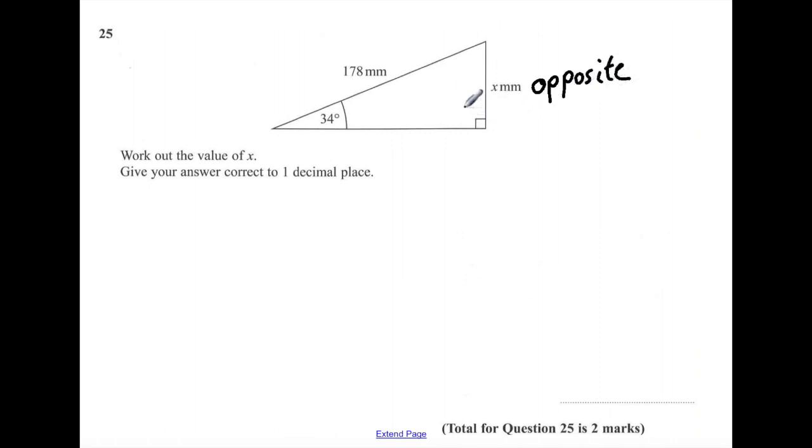The side opposite the right angle is known as the hypotenuse. And the last side is known as the adjacent.